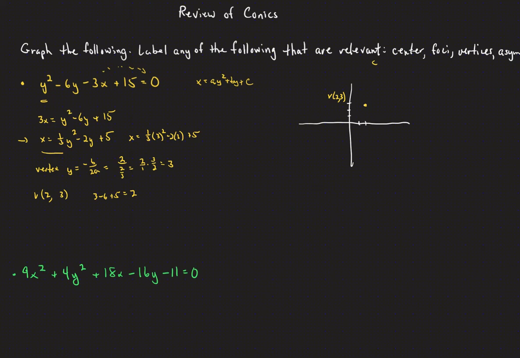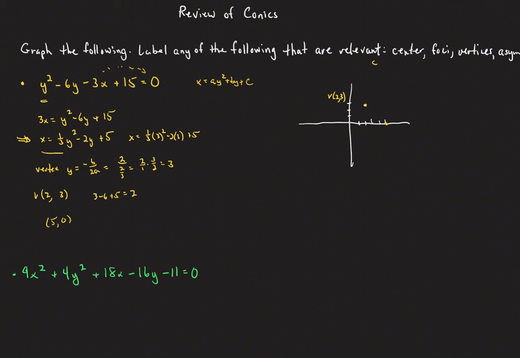Now let's see, if we plug in, an easy point to find is to plug in 0 for y, and when we do that, we can see that we'll get 5 for x. So I'm going to go 1, 2, 3, 4, 5.